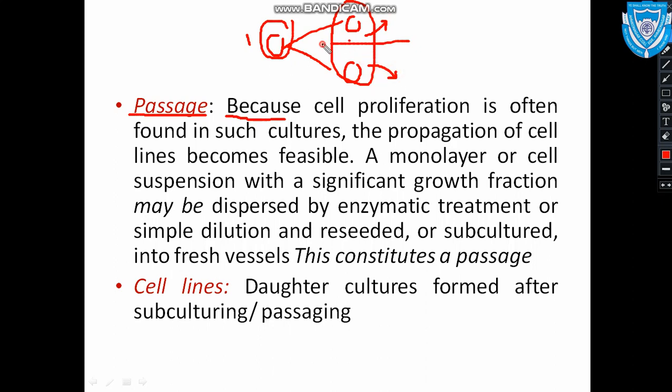So to divide them or to get them separated is called subculturing, guys. Once we subculture them, the stage from first to second is called the first passage. Remember, because cell proliferation is often found in such cultures, the propagation of cell lines becomes feasible.